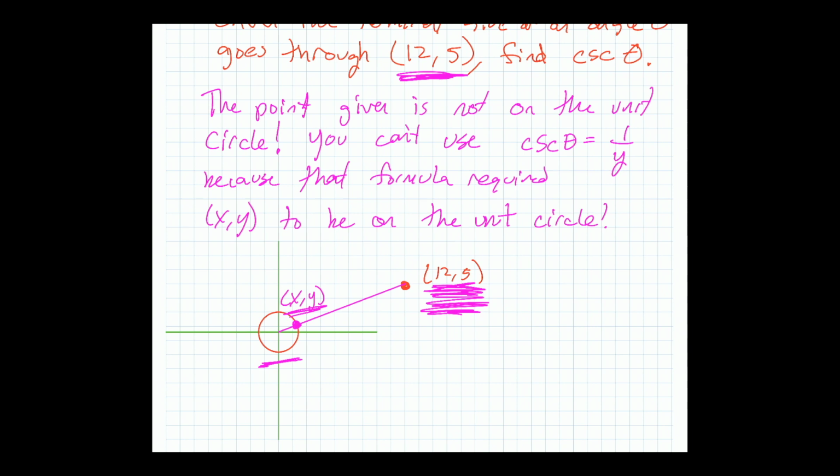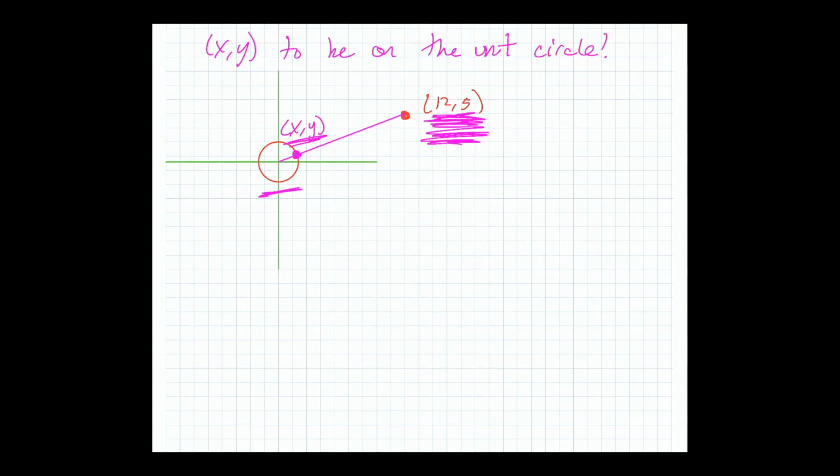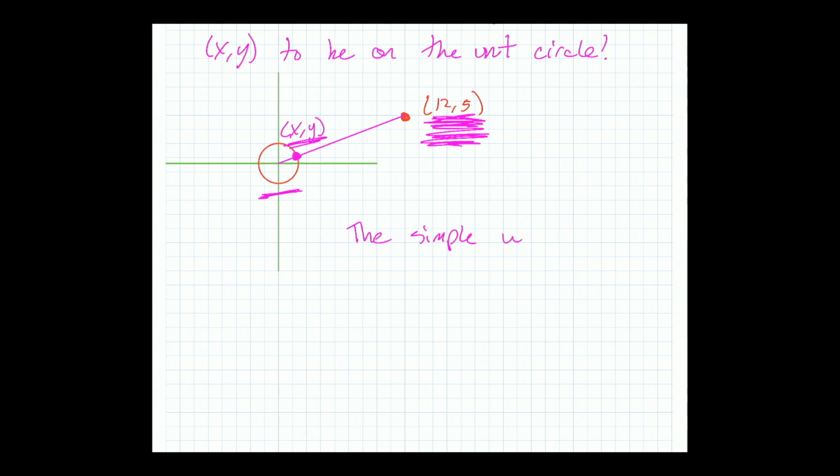But there is a set of formulas that you can use, and we haven't given it to you before. The easiest way to adjust is as follows. The simplest way to do this is to use different formulas.